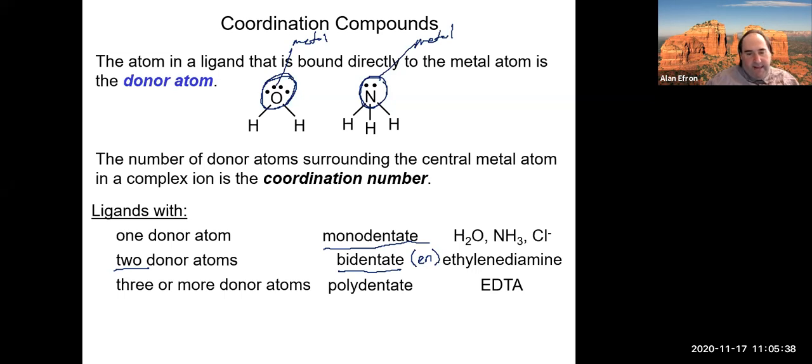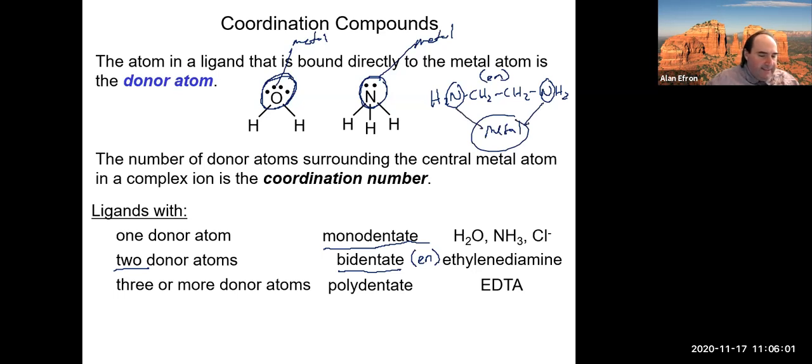Ethylenediamine looks something like this. It's both of the nitrogens here, so this is en, that are able to attach to the metal. So you get a 2-for-1 deal in terms of coordination number.